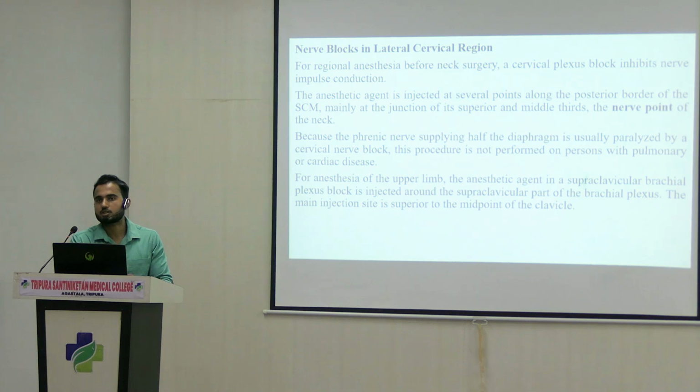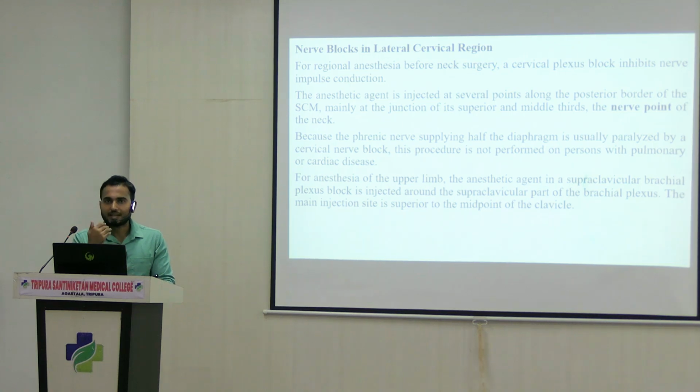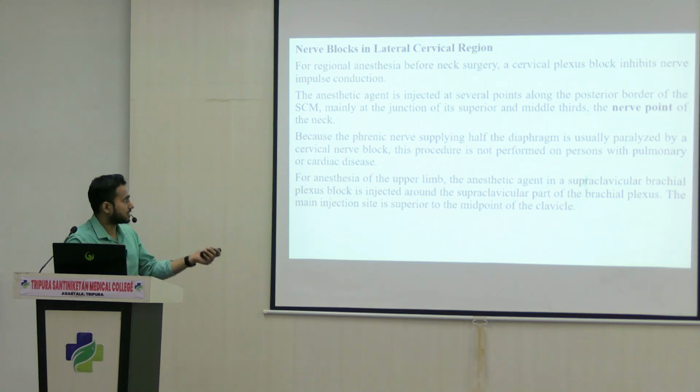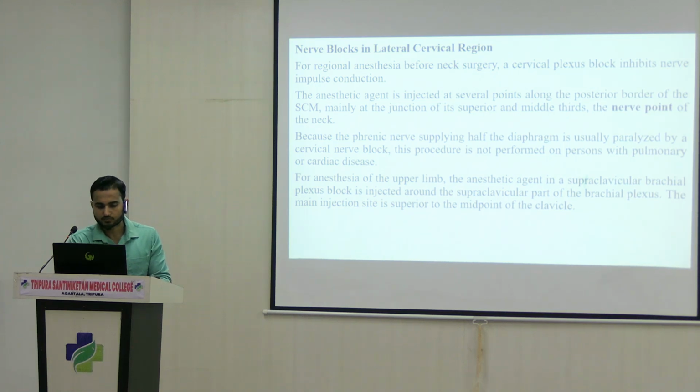At that time that procedure is not done. Why? Because whenever we are injecting the anesthetic agent, it can anesthetize the phrenic nerve also, and we know that the phrenic nerve supplies the diaphragm. So if a person has pulmonary and cardiac disease, this particular procedure is not done.